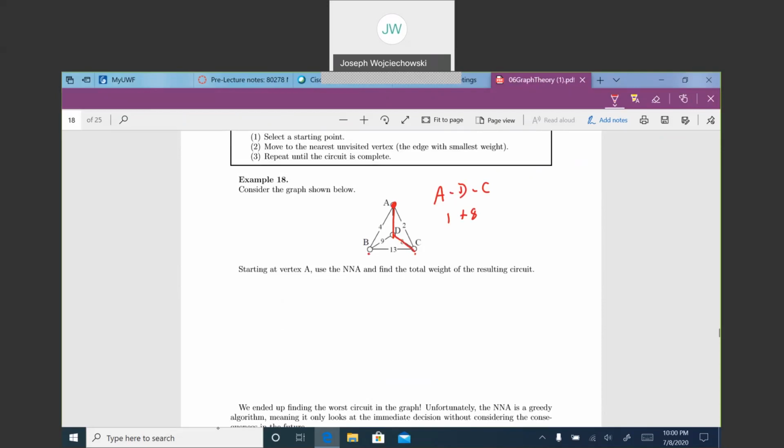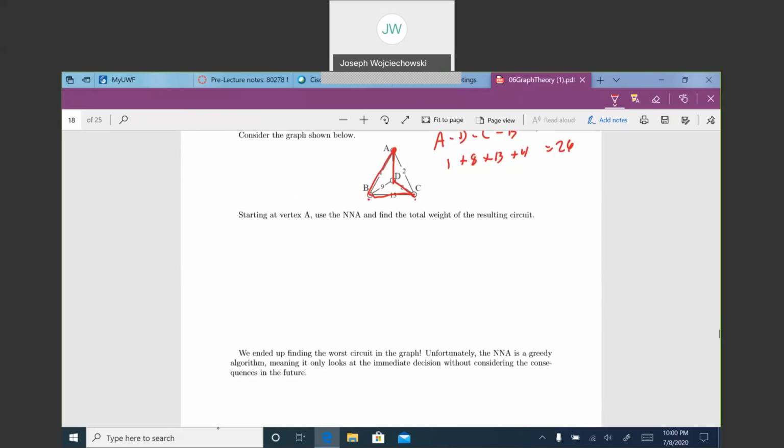Now, I can't go to A, so I have to go to B. And that has a weight of 13. And then I'd go back to A, which has a weight of 4. And this has a weight of 26. And I didn't even read this part where it says start at A, so we started at A.